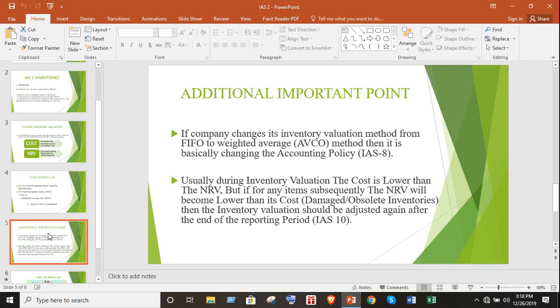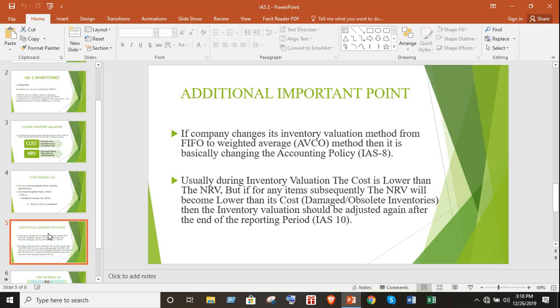So now the inventory value should be cut down to 4. That means we need to reduce the closing inventory value by $1 per unit. So that is according to IAS 10. I hope you already know about IAS 10. If you don't, no worries, I'm here to guide you.